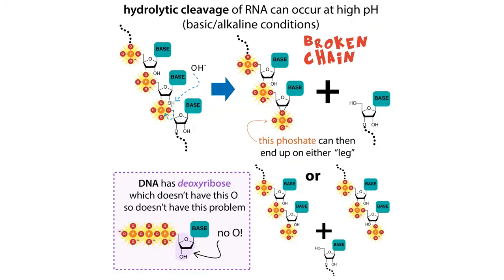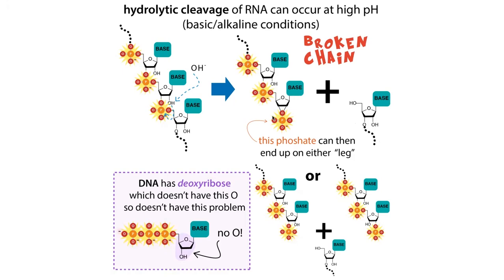This is especially common under high pH, so basic or alkaline conditions. If we have this 2' OH be deprotonated, well, now we have a strong nucleophile that's going to attack this phosphorus, this electrophile. So we get this interchain breakage because, well, then that phosphorus is going to kick off the next base in the chain.